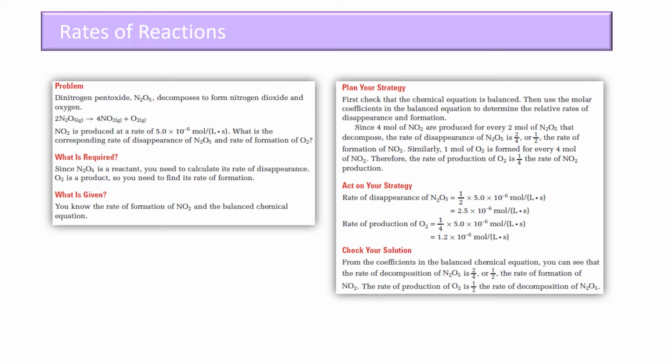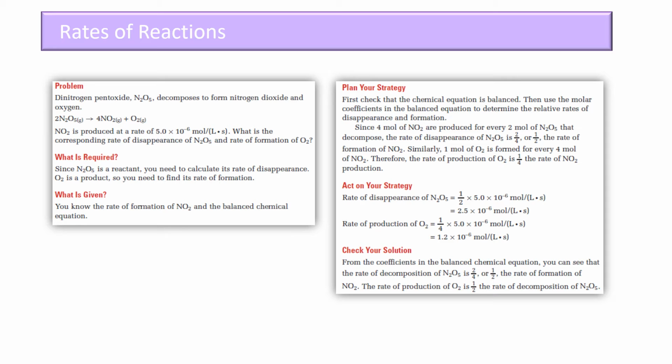Let's look at what is required. Since N2O5, dinitrogen pentoxide, is the reactant, you need to calculate its rate of disappearance. O2 is a product, so you need to find its rate of formation. So what is given?